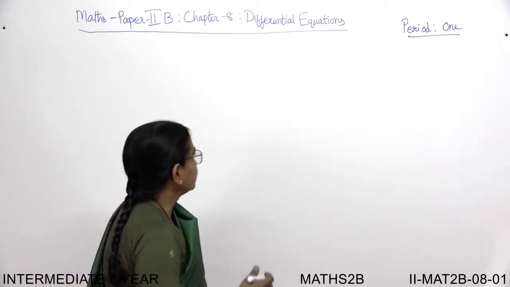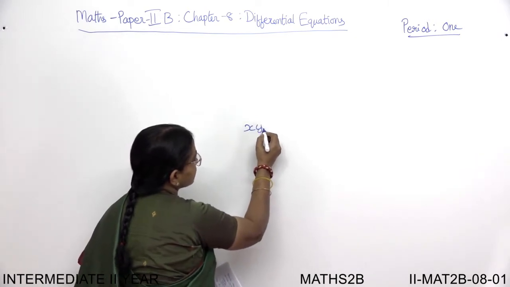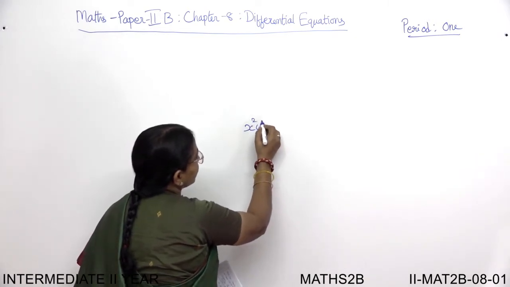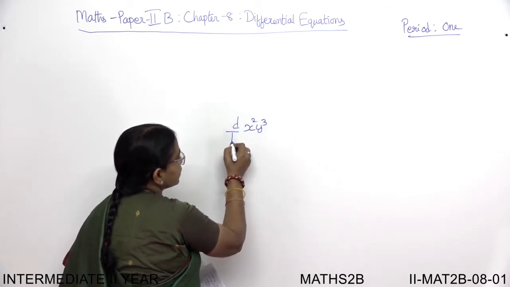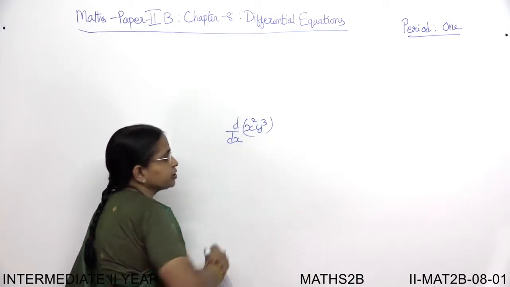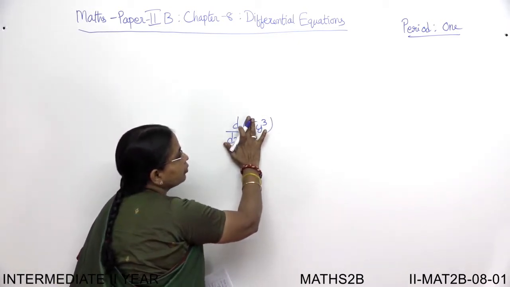Now, suppose that you have an expression like x square y cube. Suppose you have to differentiate this with respect to x. Then how will you do? This is in the form uv.